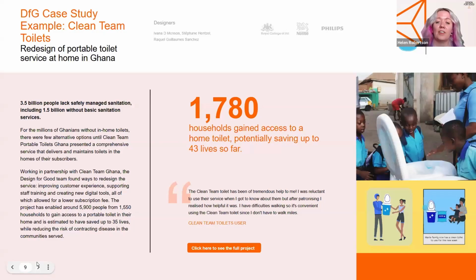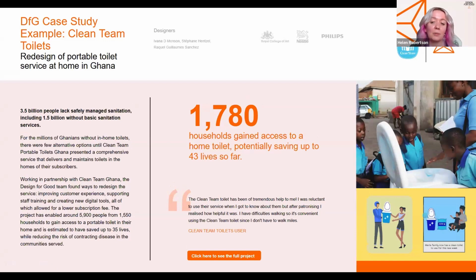On the next slide, we just have a quick intro to the Clean Team Toilets project that we're going to use as our case study in order to explore those 5 dimensions of impact. You might have heard us talk about this project in the past. It focused on redesigning a portable toilet service for households in Ghana, where 3.5 billion people globally lack safely managed sanitation and 1.5 billion have no basic sanitation services at all.